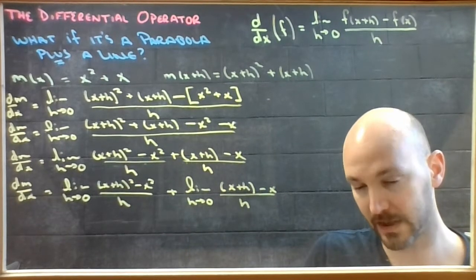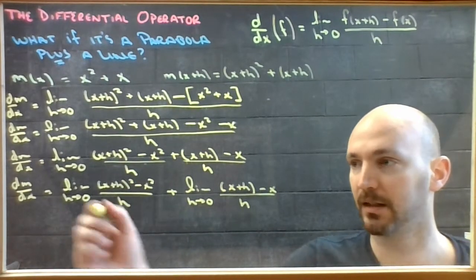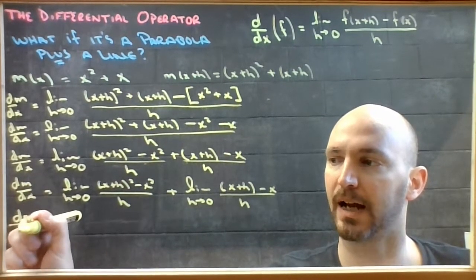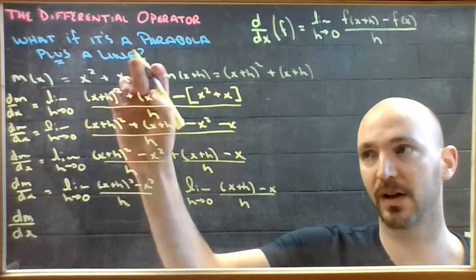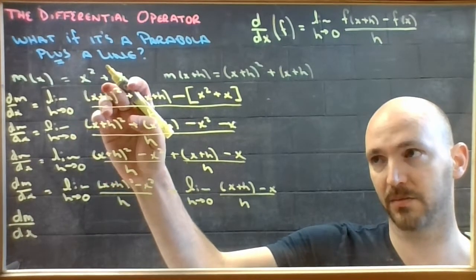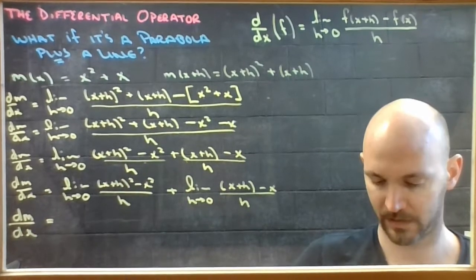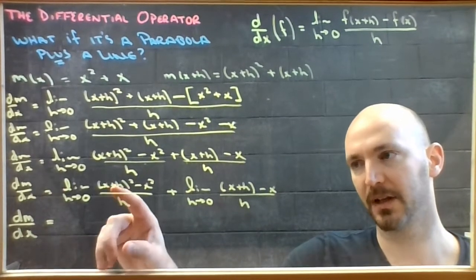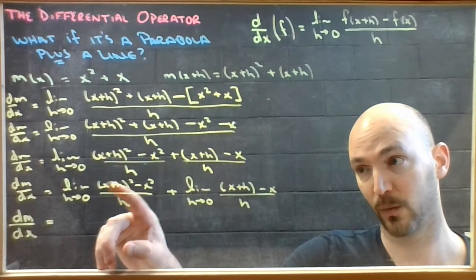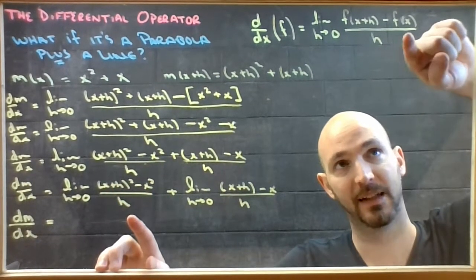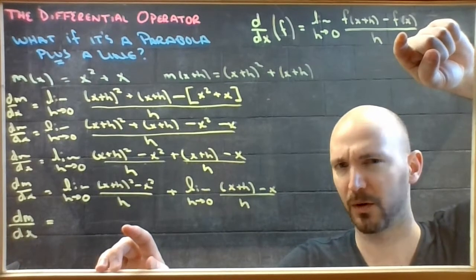Okay, now I'd like you to take a look at what I've got there. This thing, the differential operator acting on M, which was a standard parabola plus a standard line, equals the limit of a parabola with x plus h shoved in it minus a parabola over h. Well, that's this for a parabola.